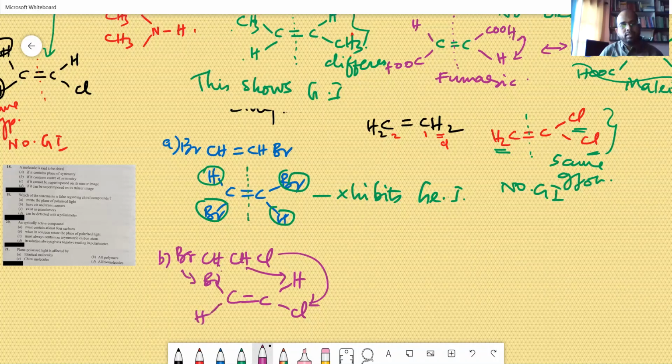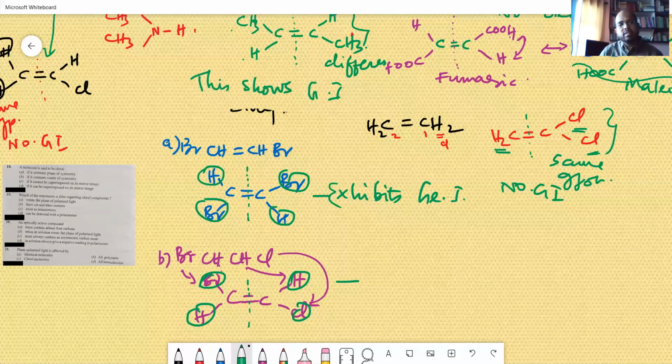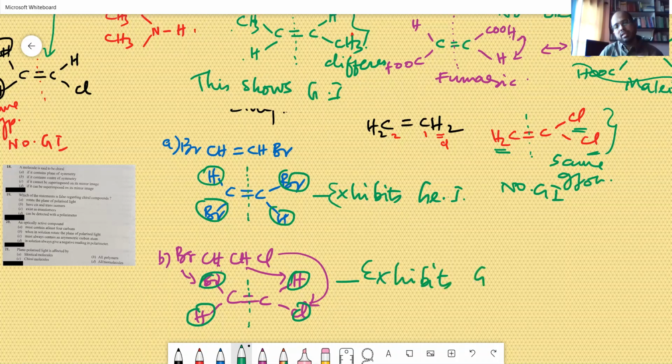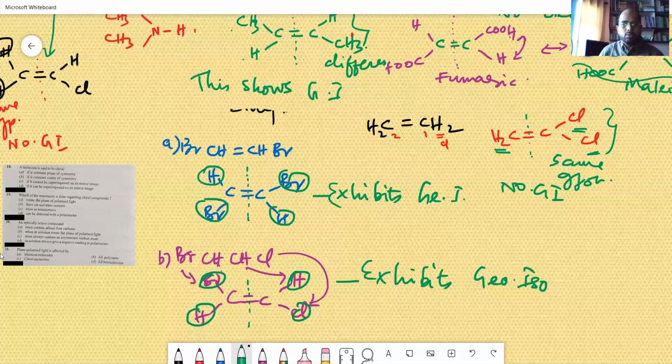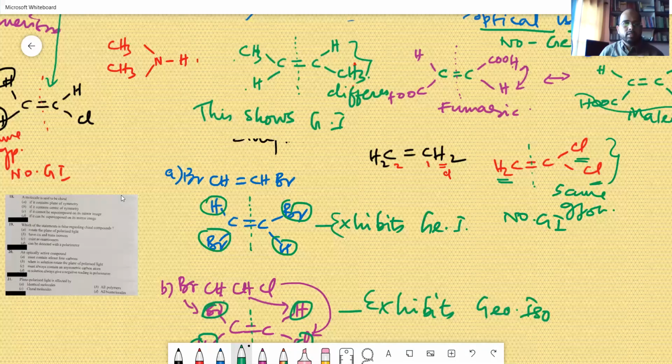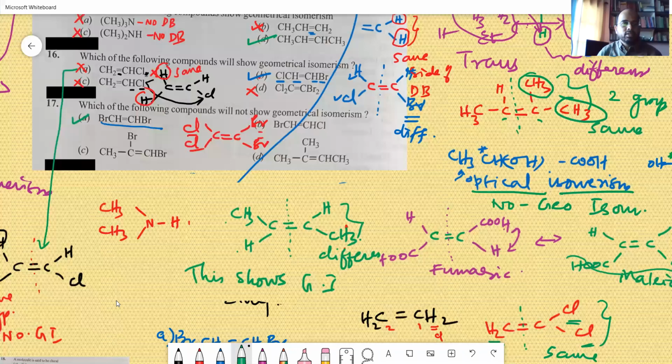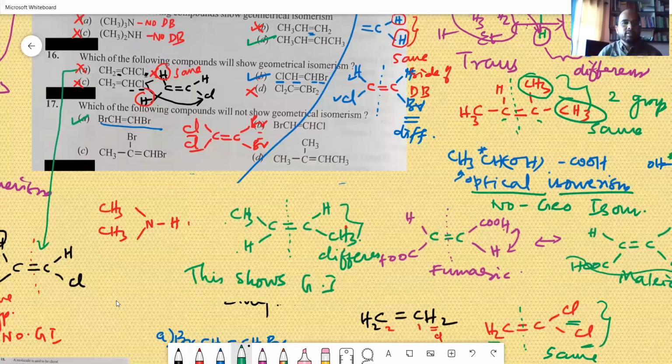So across the line, two different groups here, two different groups here. So this also exhibits geometrical isomerism.